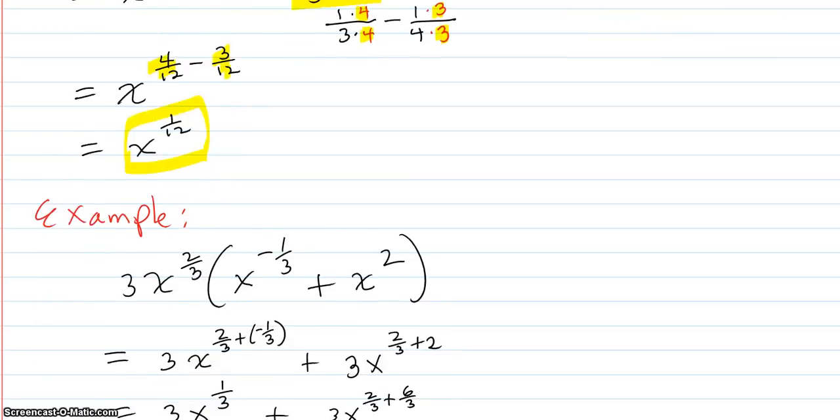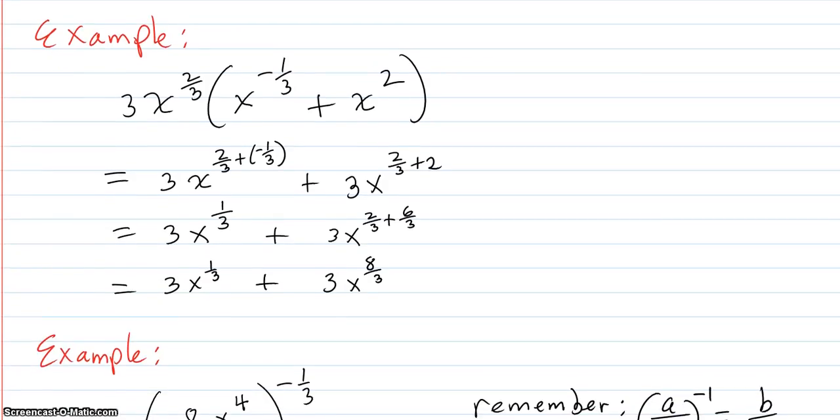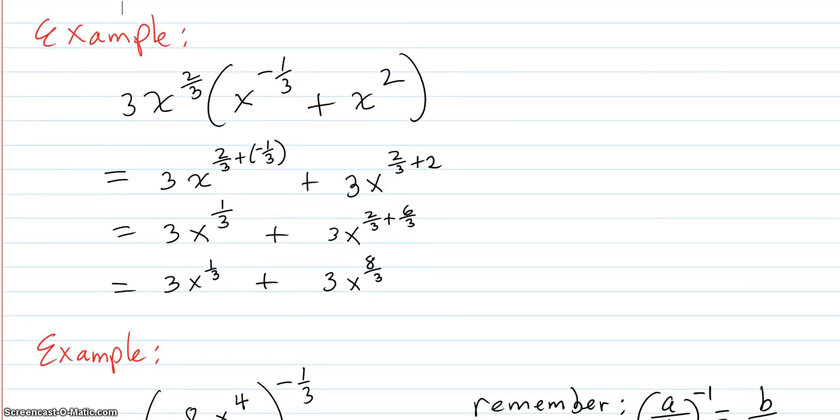Okay, another example here. We're going to distribute this over this. So 3x. When you have the same base, you add the exponents. x to the 2/3 plus negative 1/3. Plus, multiply it over here.